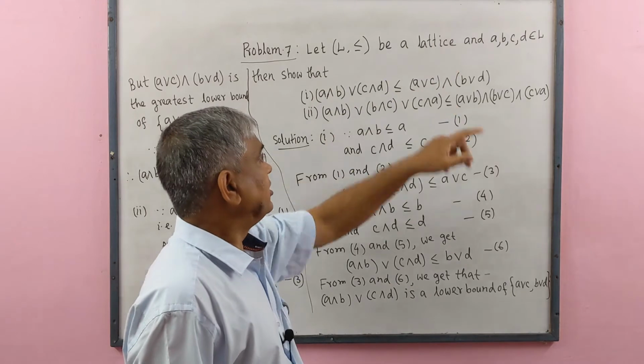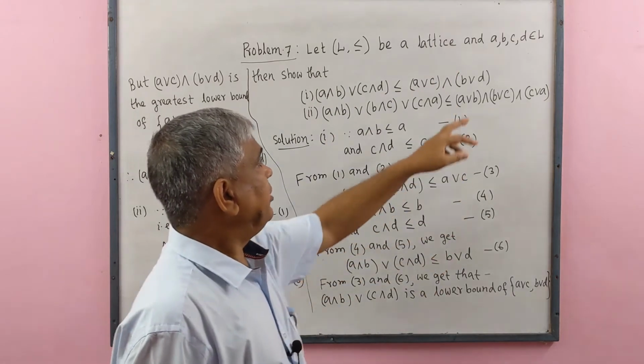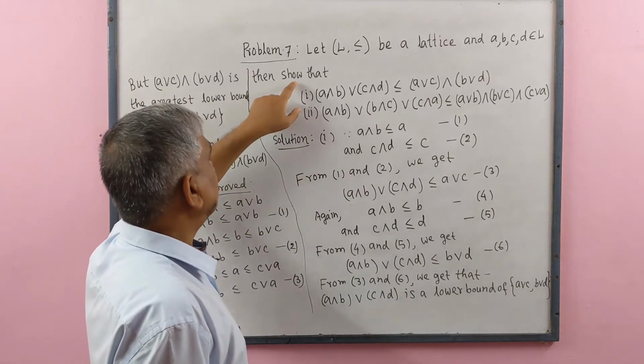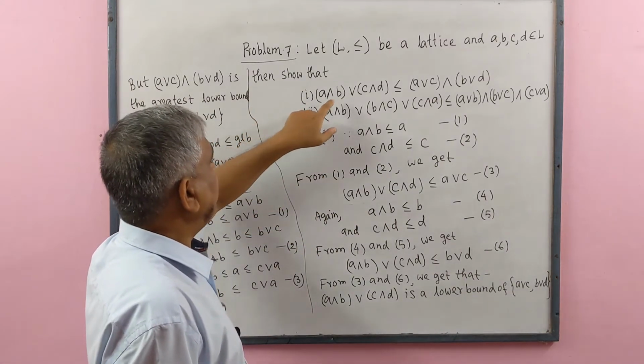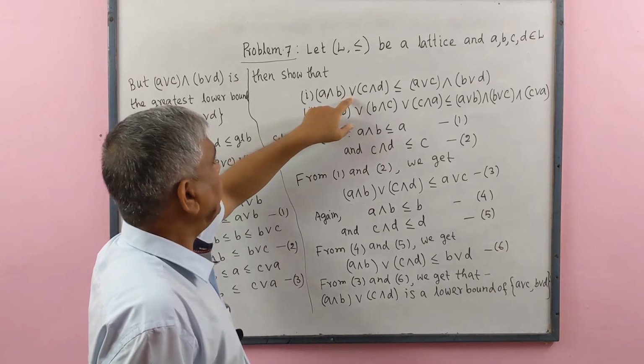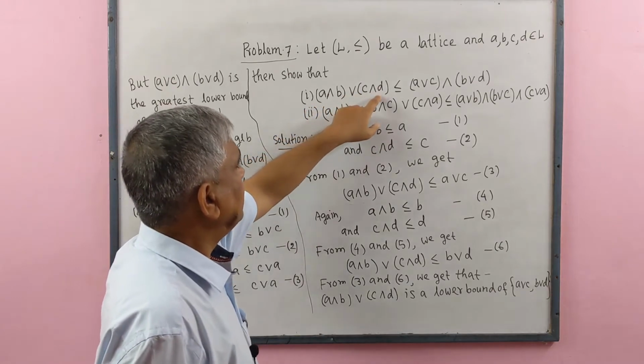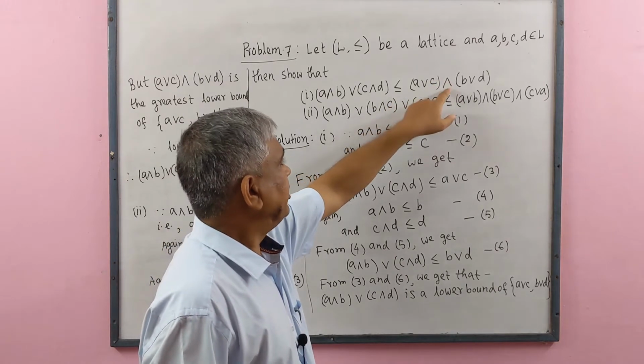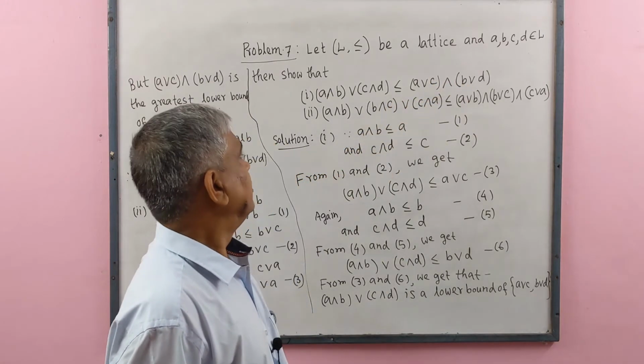Be a lattice and A, B, C, D belongs to L, then show that number 1, (A meet B) join (C meet D) less than equal to (A join C) meet (B join D).